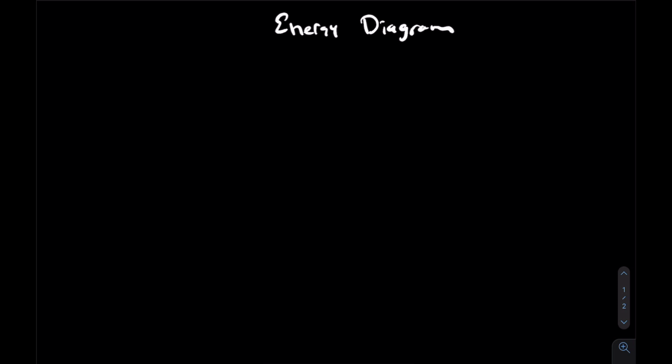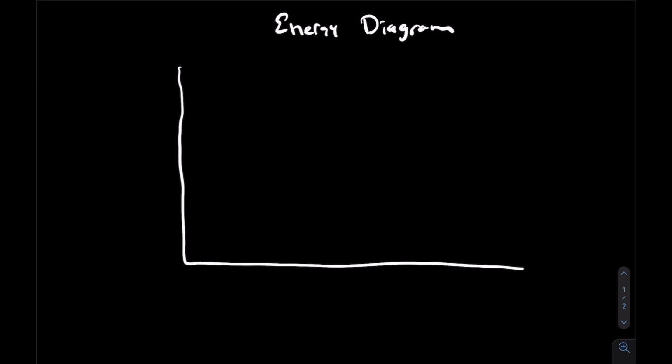In an energy diagram, what you have is essentially two coordinates. One is potential energy, and the other is simply called a reaction coordinate. The reaction coordinate is some sort of amalgamation of structure and time. So how does a structure evolve over the course of a reaction?